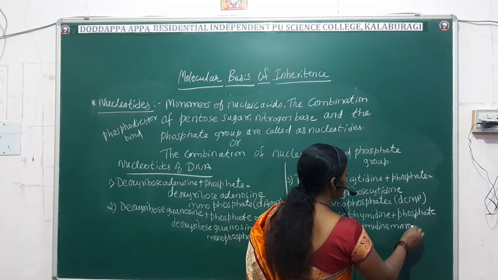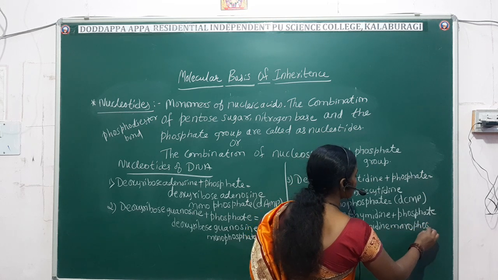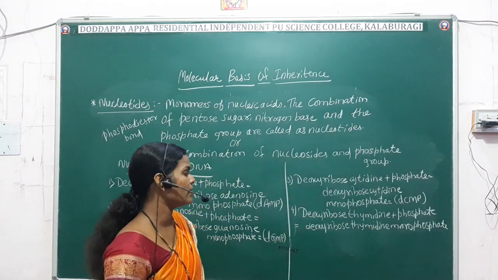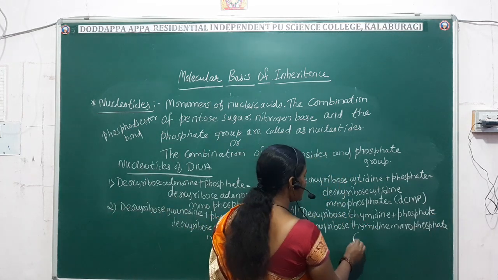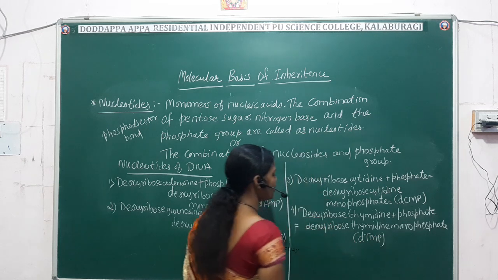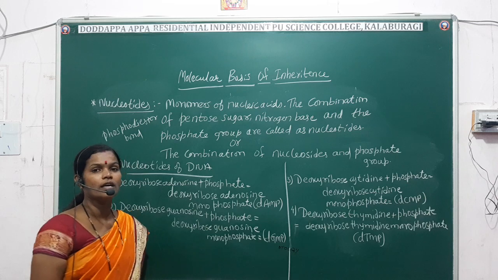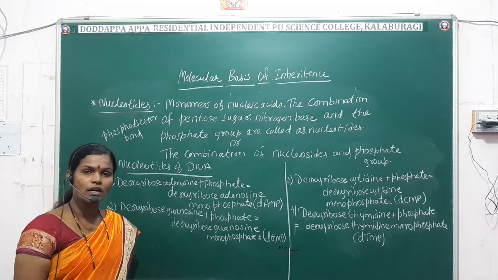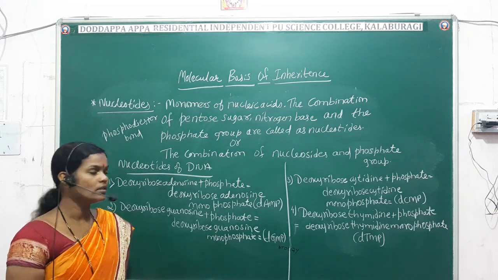In the bracket you have to write DTMP. So these are the nucleotides of the DNA.